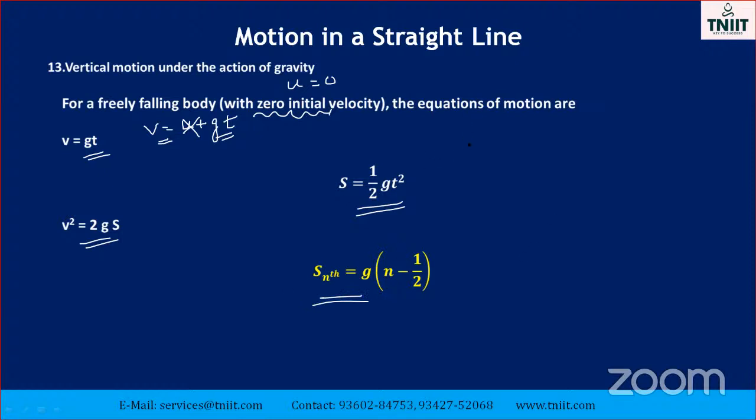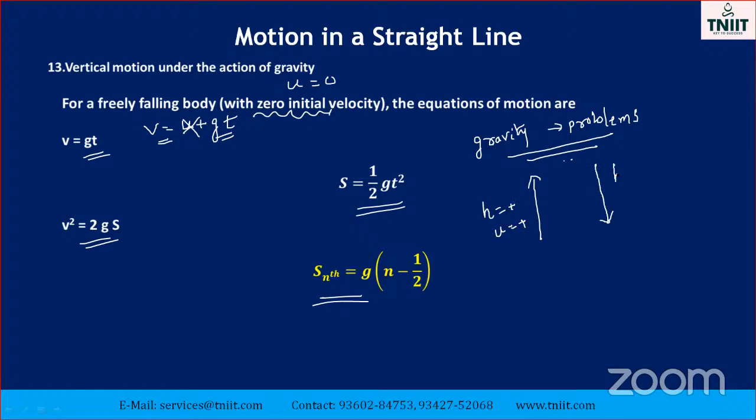Students, while solving the problems based on gravity, please use the sign convention. If you throw the particle upward, please take the height as positive and the velocity as positive. If it is coming downward, you take height as negative and the velocity as negative.